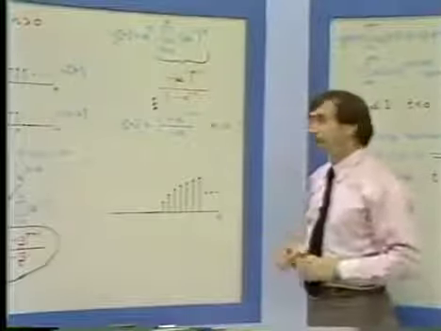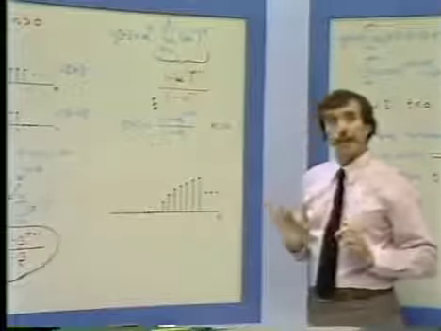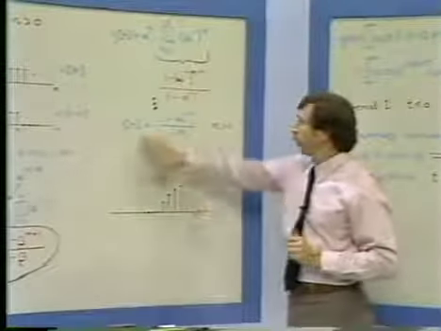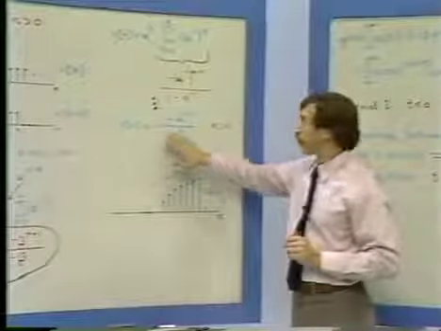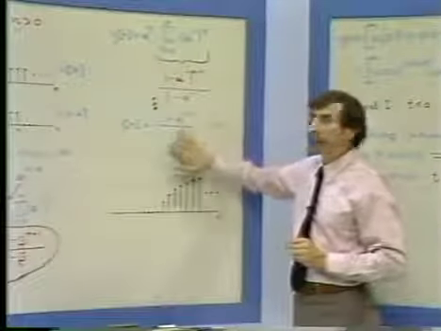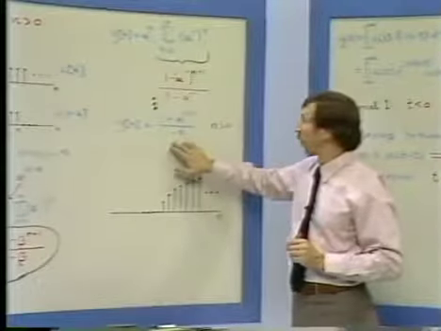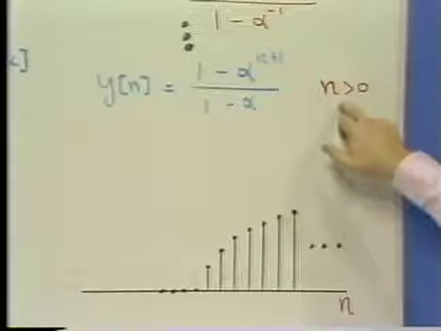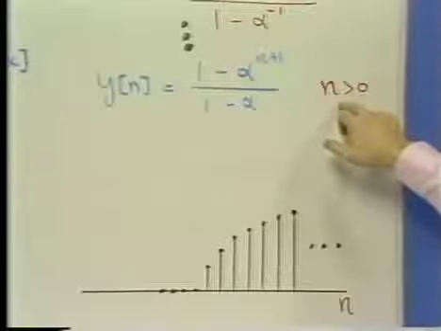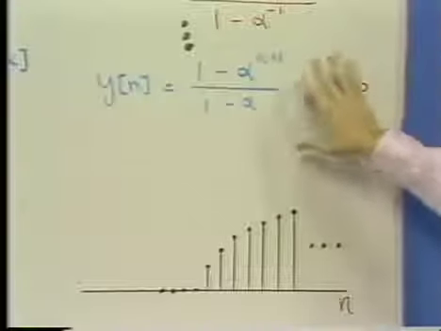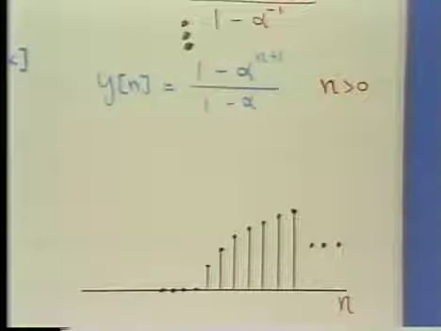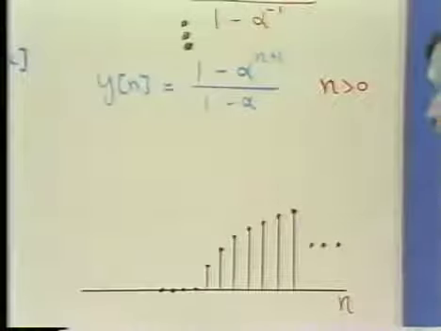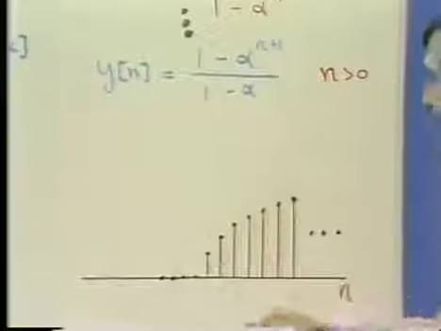Okay, so the expression we have now for y of n is y of n equal to 1 minus alpha to the n plus 1 divided by 1 minus alpha. That's for n greater than 0. We had found out previously that it was 0 for n less than 0. And finally, if we were to plot this, what we would get is the graph that I indicate here.